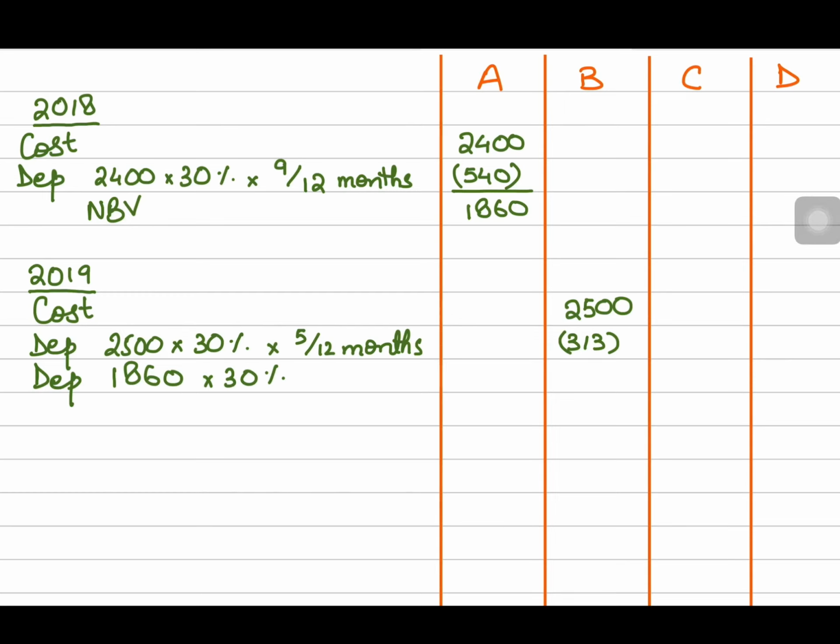Should I multiply it with months as well? No, because in the next year, that is year number 2, this asset was present in the premises for the full 12 months. So full year depreciation will now be charged on this asset, but on its net book value. So the depreciation would be 558, right? Now let's calculate the net book values for both of these assets, and that would be 1302 for machinery A and 2187 for machinery B.